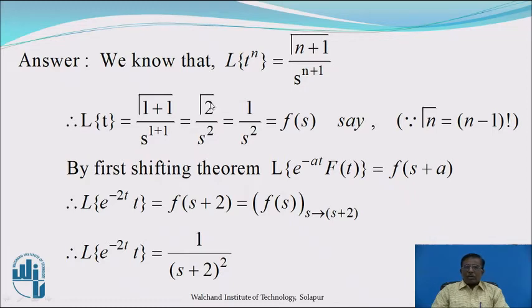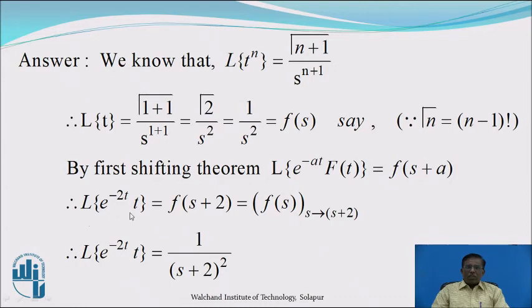But we know that by property of gamma function, gamma n equal to (n minus 1) factorial. Therefore, gamma 2 means 1 factorial, it is 1, and that's why Laplace transform of t equal to 1 upon s square. Let us assume it is f of s. Again by first shifting theorem, that is Laplace of e raised to minus at f of t equal to f of s plus a.